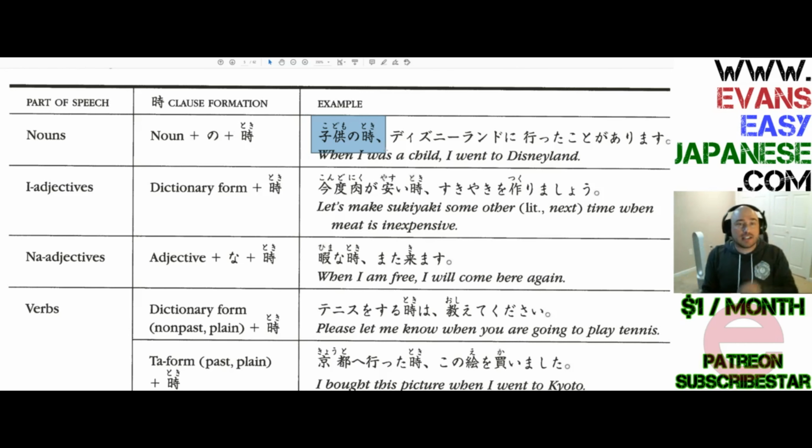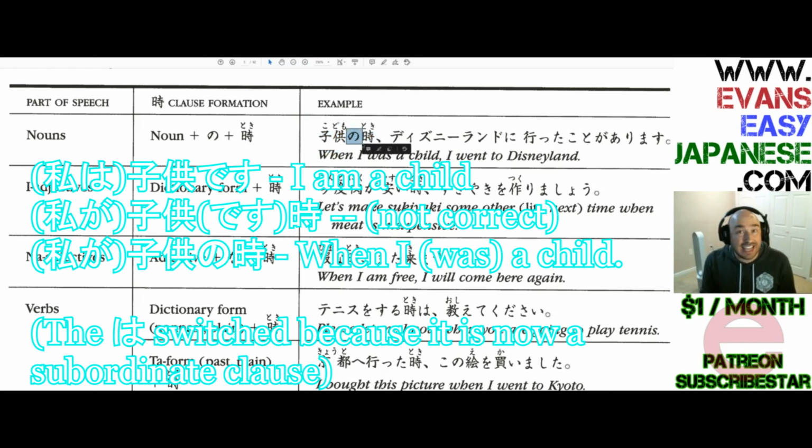That doesn't really work. So I want to talk about how this no works really quickly. It's operating like the word des or da or de aru, one of those copulas. This is very much working like the word des. If you think about it, look at the English translation: when I was a child. Look, there's no I and there's no was. There's just child's time.